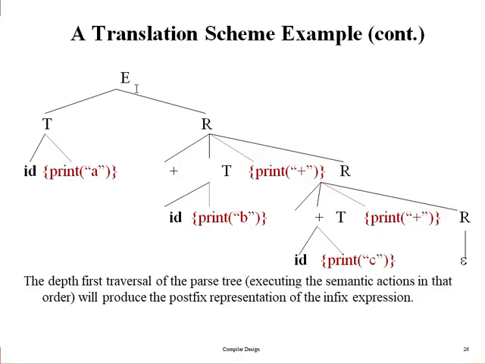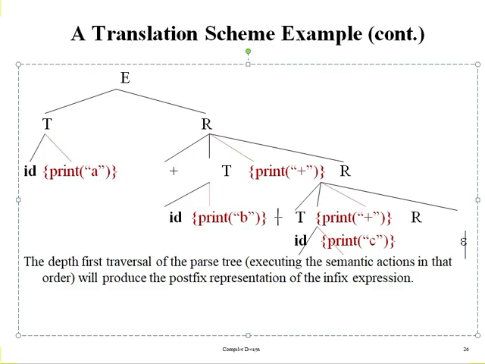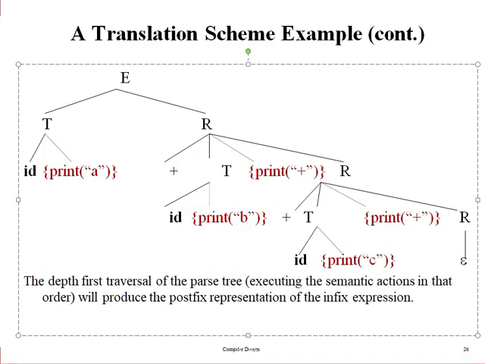So E is expanded to T and then R, and T is expanded to id, then the semantic action which prints a, then R is expanded to plus T, then print plus, then R. For T we have id and the print b action, then for R we have this one, R expanded to plus, then T, then print plus, then R, and finally this one should be modified like this.